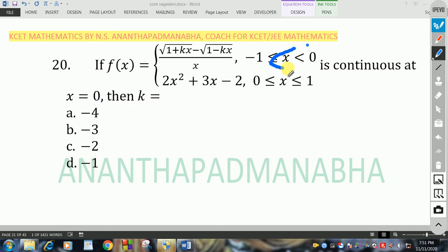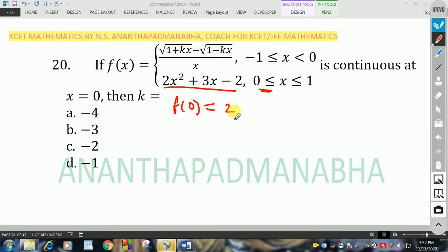For x less than 0, the value of the function is root of 1 plus kx minus root of 1 minus kx by x. For x greater than 0, it is 2x square plus 3x minus 2. Again as usual, we will proceed by the definition. f of 0, that is when x is equal to 0, I have 2x square plus 3x minus 2.